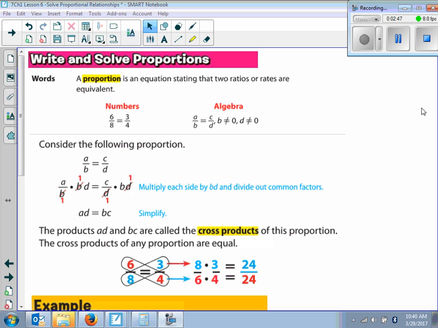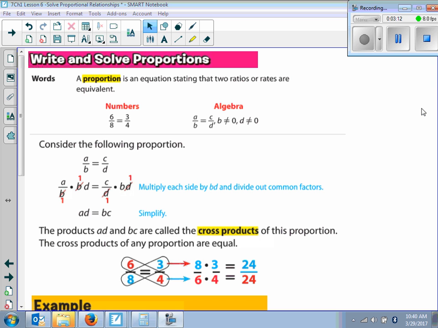Also, remember we were talking about if we have 2 ratios and they are equal, then the 2 ratios are proportional, right? Same thing here. If 2 ratios are proportional, that means they're equal.